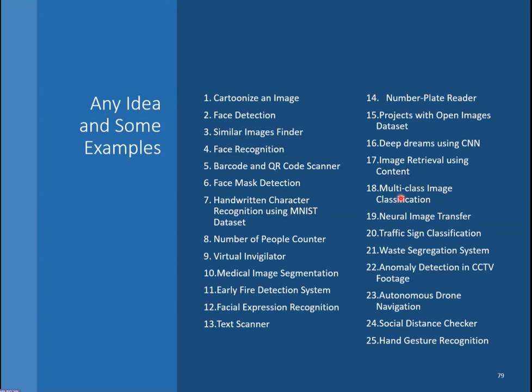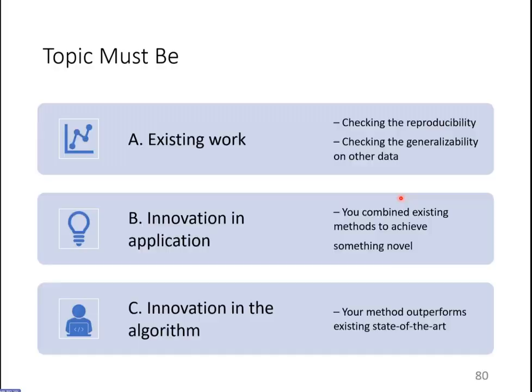It's up to your teams. If you have team members, discuss with them: do you have some common interest, or do you want to collaborate to solve certain problems? If the problem is related to all of you, any topic is fine.